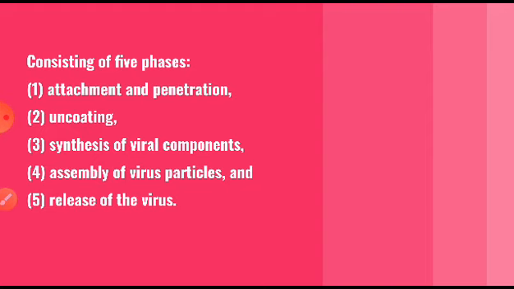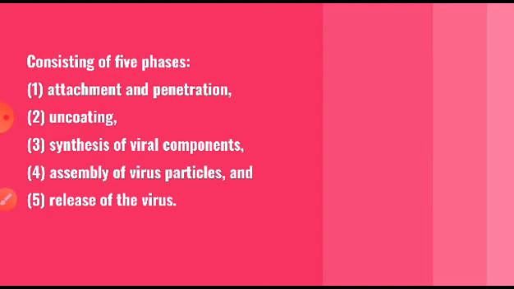After entering inside, it will go for uncoating. The main functional material is the genetic material, the nucleic acid of the virus. So for the nucleic acid to come out, the outside virus coat will dissolve. So uncoating will happen, then synthesis of viral components. The virus needs to make more components, their nucleic acid, multiple copies, then assembly of virus particles.